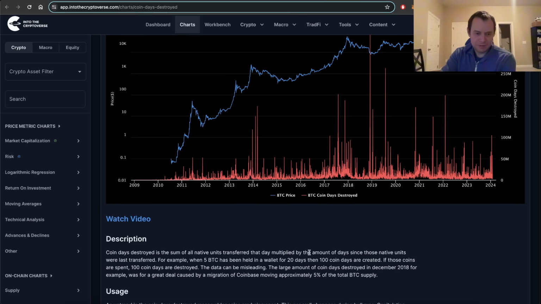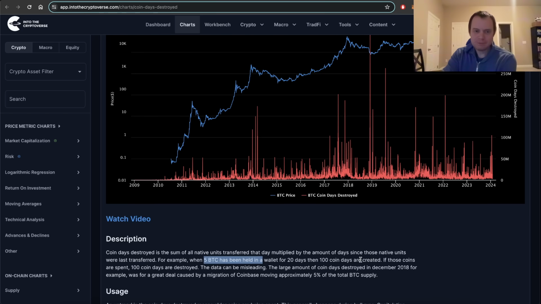For instance, if 5 Bitcoin has been held in a wallet for 20 days, 5 times 20 is 100, and then it's moved, then you have 100 coin days destroyed. Does that make sense?